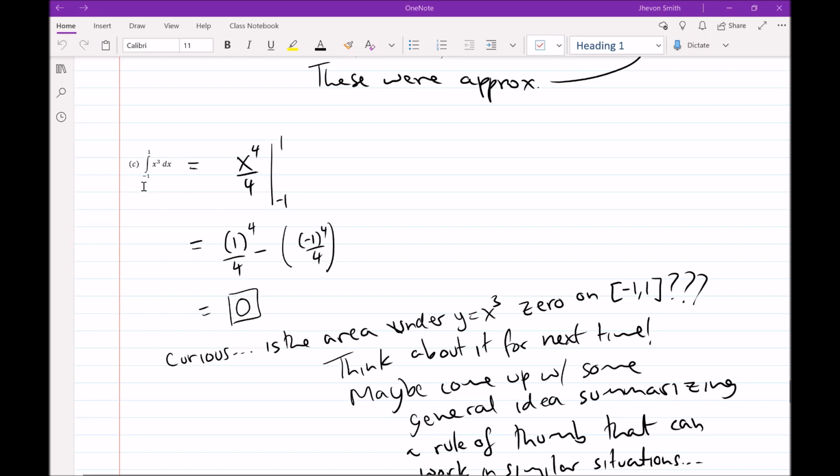In terms of area, what do you think is going on here? Any ideas? Yes, the direct calculations give me that it's 0, but the area under y equals x cubed is 0 on this interval. How does that make sense? Any ideas there?